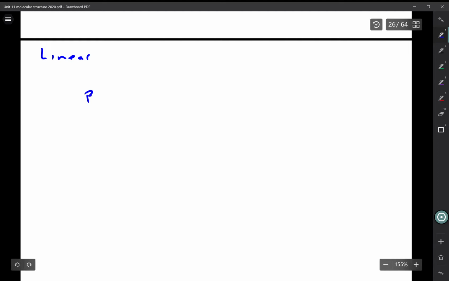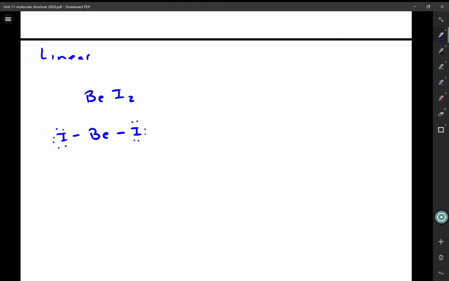So if we look at BeI2, if you do a Lewis dot structure, beryllium iodide looks like this. As you can see, that's a linear shape because the two iodines are as far apart from each other as possible.